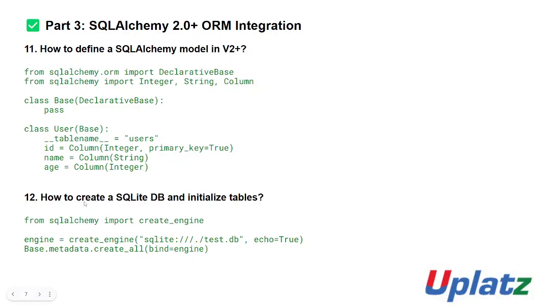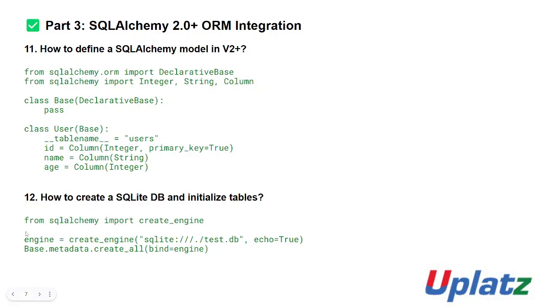12. How to create a SQLite DB, that is database, and initialize tables. From sqlalchemy import create_engine. engine = create_engine("sqlite:///./test.db", echo=True).